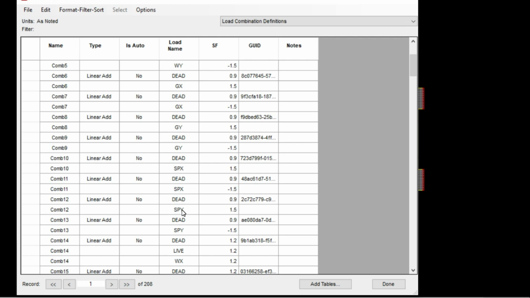Same way, if you look in Y direction, it is 1.5 plus and 1.5 minus. So different combinations are there of dead load 0.9, earthquake 1.5, dead load, live load and earthquake 1.2, and dead load and earthquake load 1.5. They are there. But the point to be noted is either SPY is there or SPX is there in the combination.